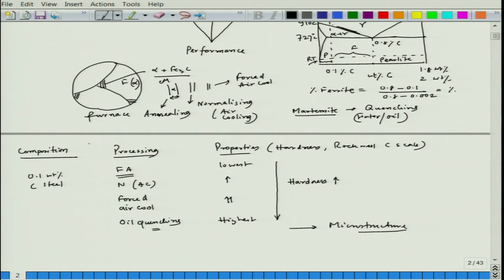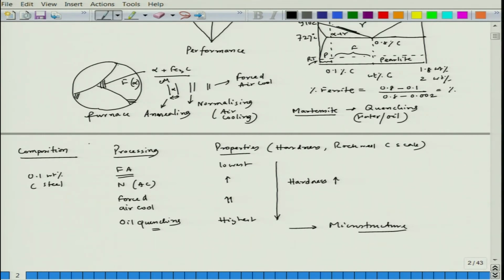Okay. So, there we need a kind of optimization of properties, and air cooling is easily possible industrially. Okay, and also furnace cooling would take a long time, but air cooling would take less time compared to furnace cooling.